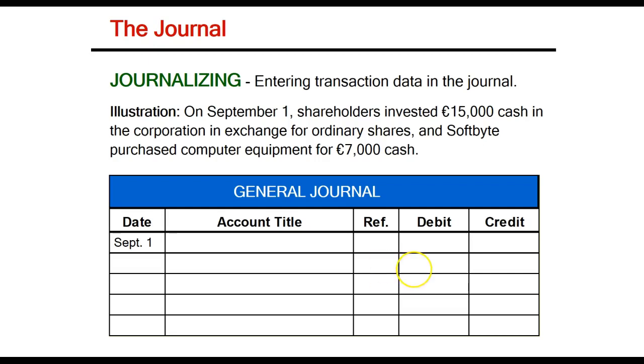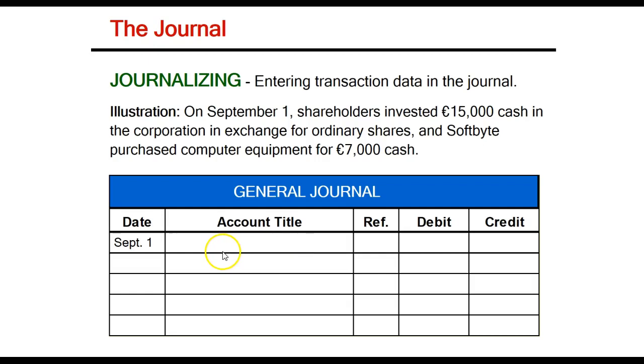This is what it looks like when I journalize. One column for the date. One column for the account title, reference I'll talk about later, debit and credit. So in this case, on September 1st, shareholders invested $15,000 cash in the corporation in exchange for ordinary shares. And SoftBite then purchased computer equipment for $7,000.